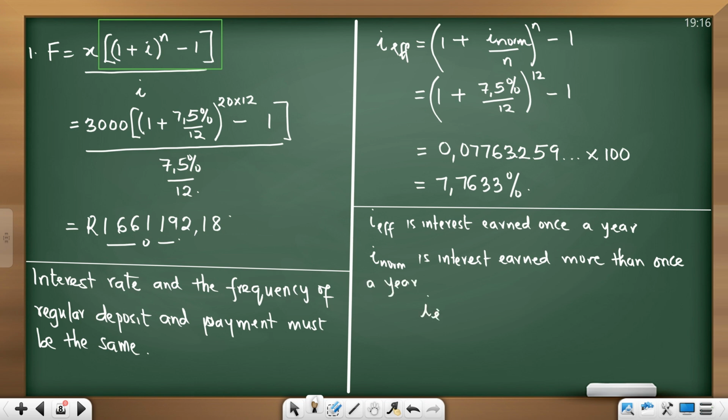The effective interest must be greater than the nominal interest. Take note of those little notes. These are applications now. The interest rate frequency and the deposit rate frequency must be the same. That's why the examiner wanted us to convert. We couldn't have done this question without a conversion. Please take note of that tiny little note.